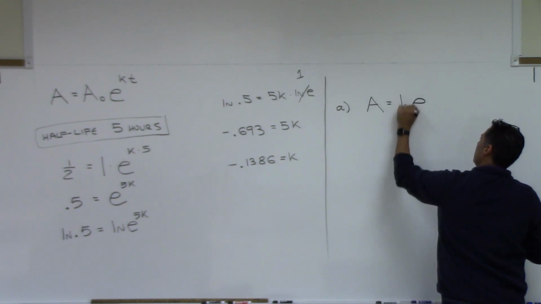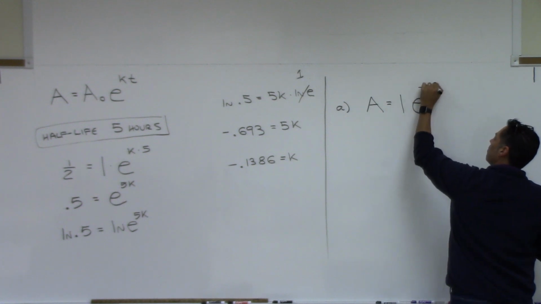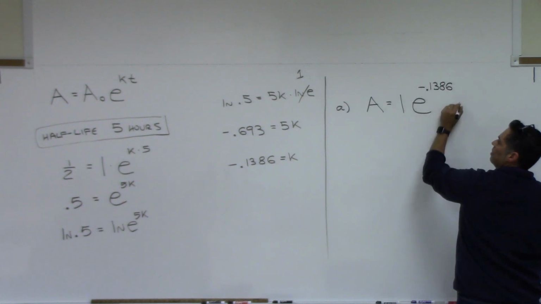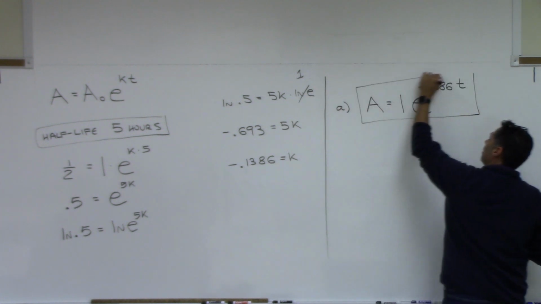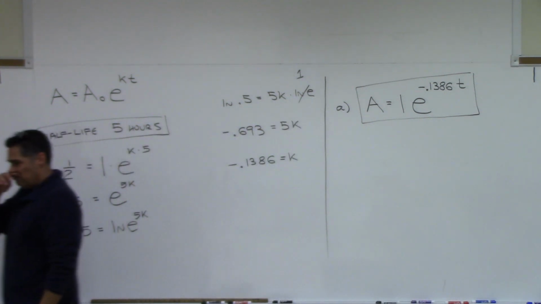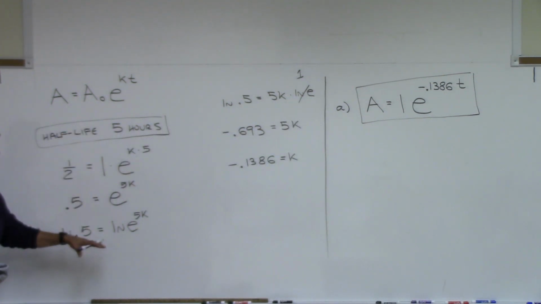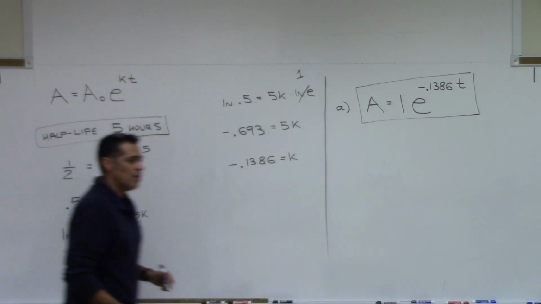And then e to the negative 0.1386 t. That is our master formula right there. So you first find K with the half-life, then you have your master formula, and now we can answer part B.